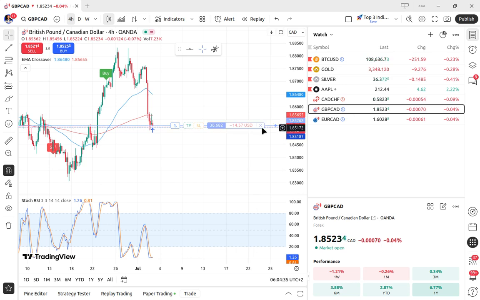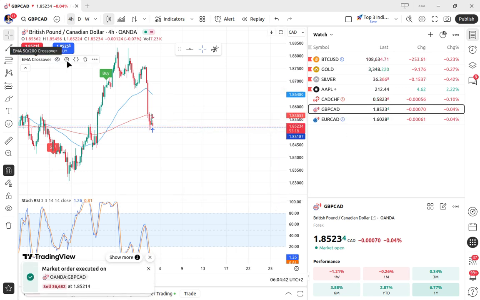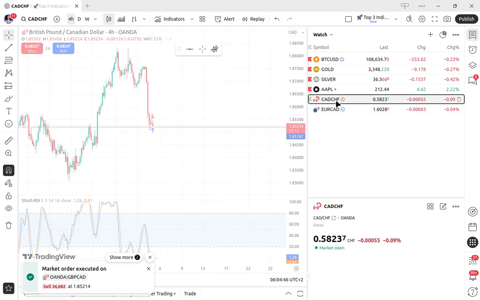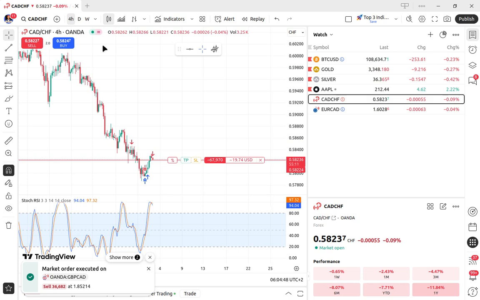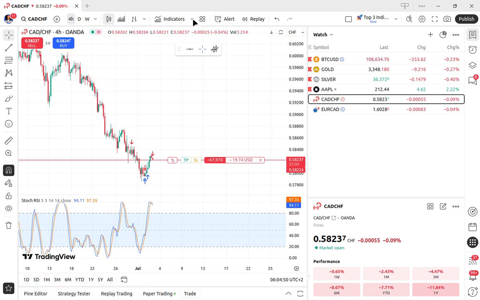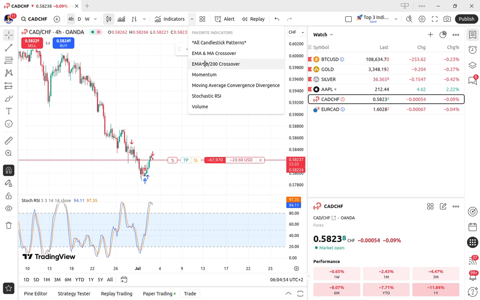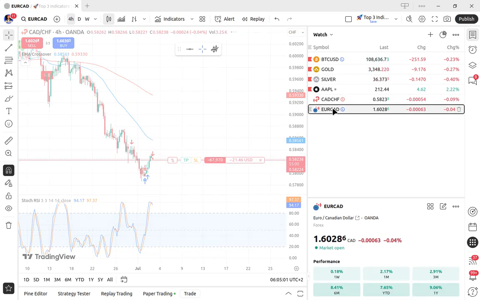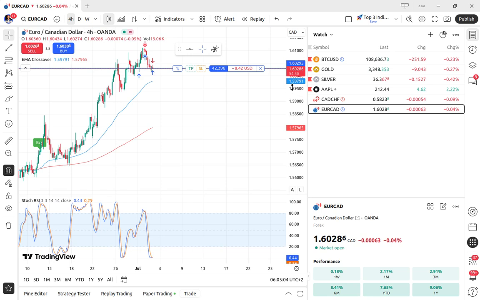So maybe I might discount it in this case, because it's not following the moving average. Unlike this other one here, it's following the moving average. Even this one is following the moving average.